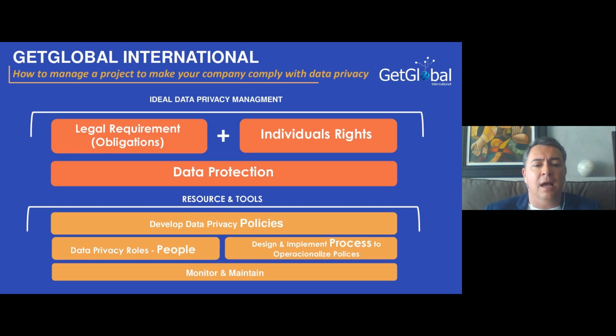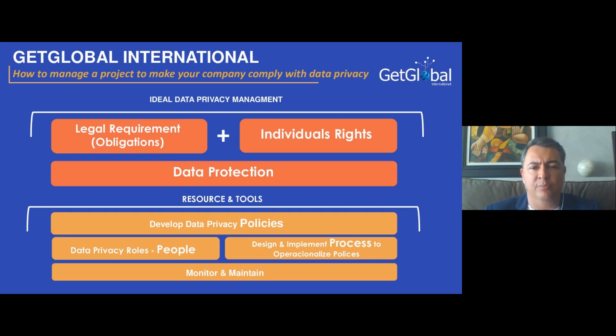Remember that a data privacy policy changes from company to company, mostly because of two different reasons: depending on the core business of the company and depending on the size of the company.